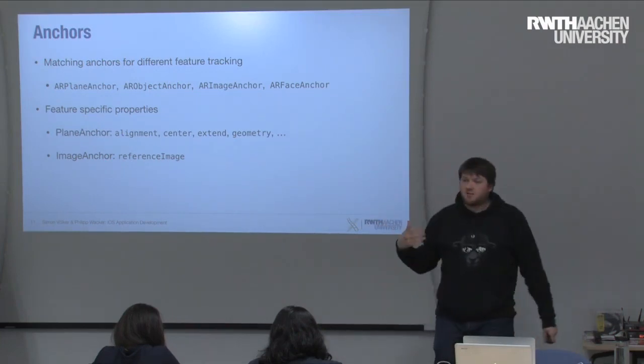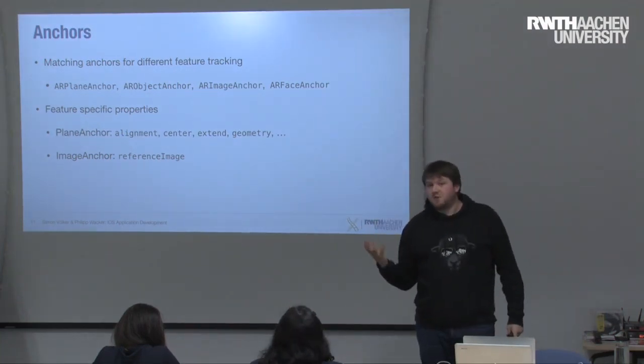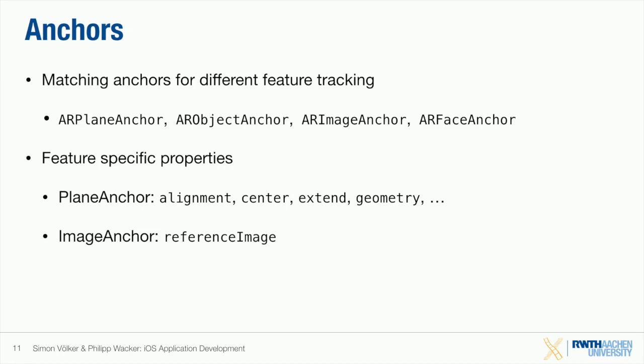I can also track the specific geometry of the plane, so that if I have a rounded corner, the geometry doesn't just try to make a rectangular plane, but has an estimation of the roundness.